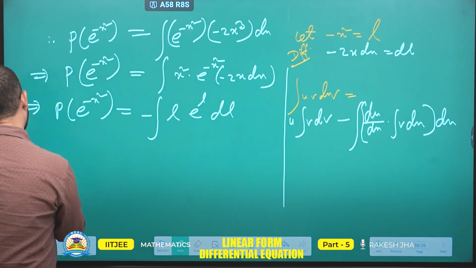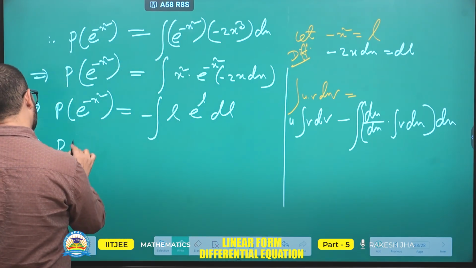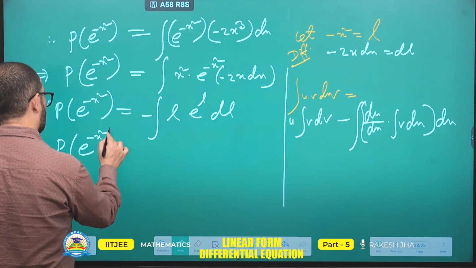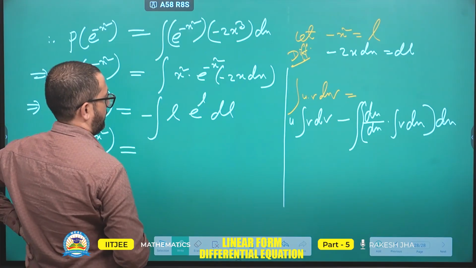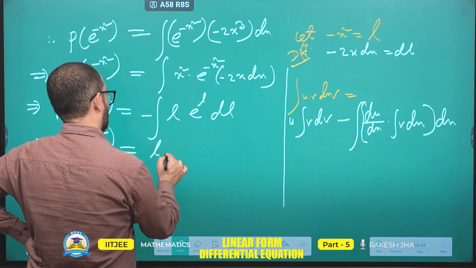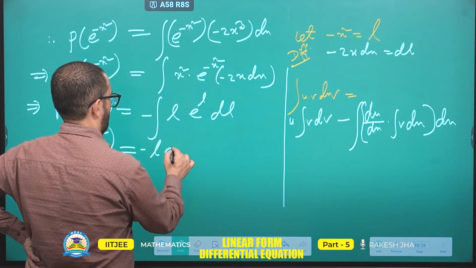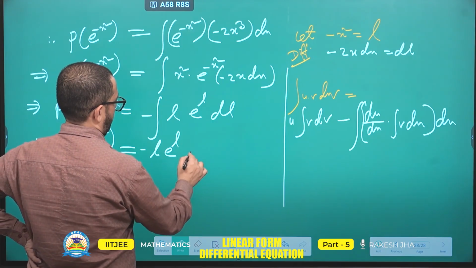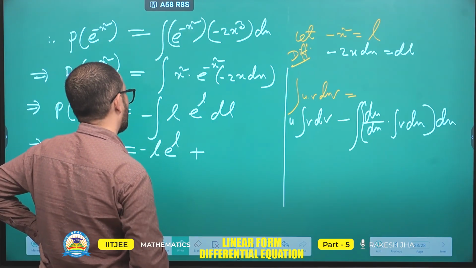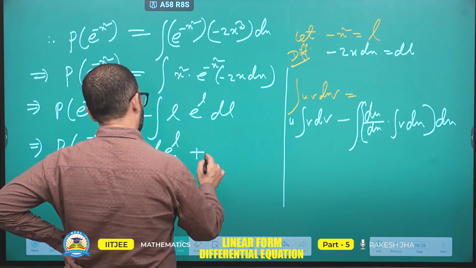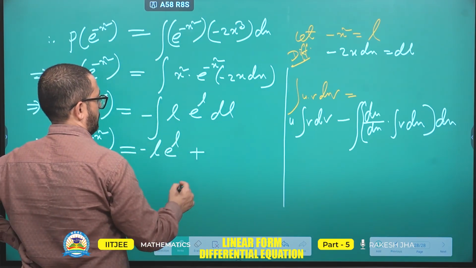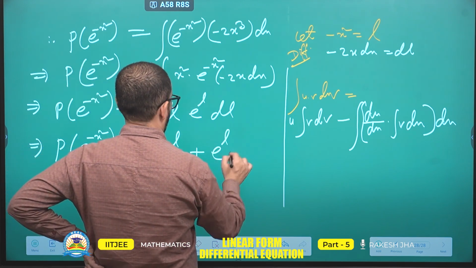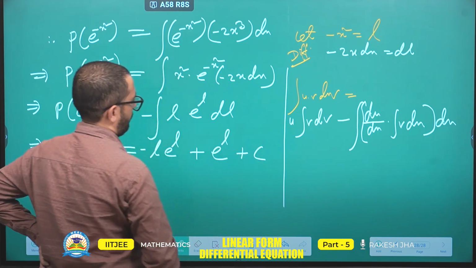So p times e raised to the power minus x square is equal to, this is the first term, so let L be the first term, then e raised to the power L, minus minus plus, now the integral of the differentiation of L is 1, so here it is e to the power L and then plus C.